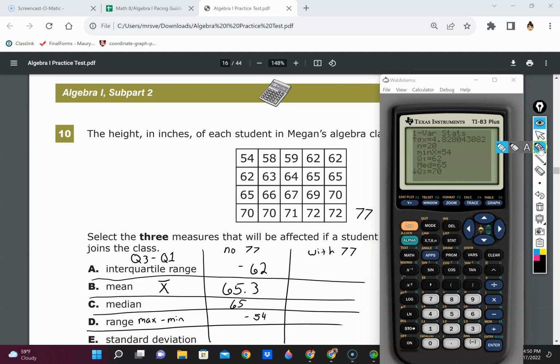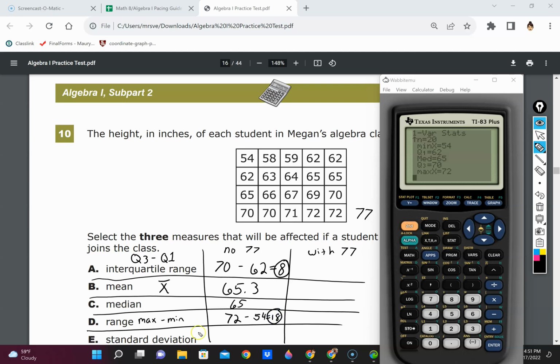Quartile 3 is 70, so 70 take away 62 gives us 8 for the interquartile range. We've got the average, the mean, the median. I need the max number. So that's 72. 72 take away 54 is going to give me 18.